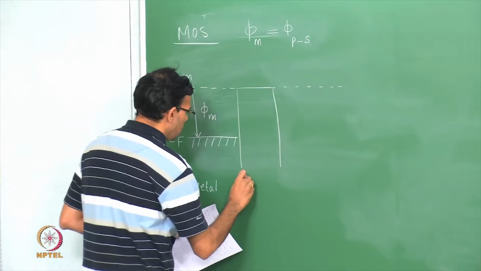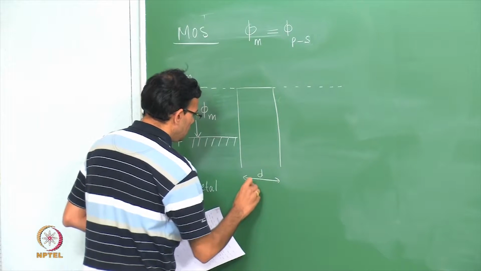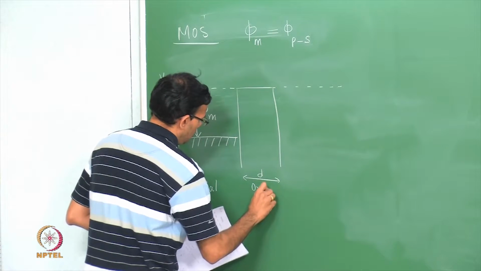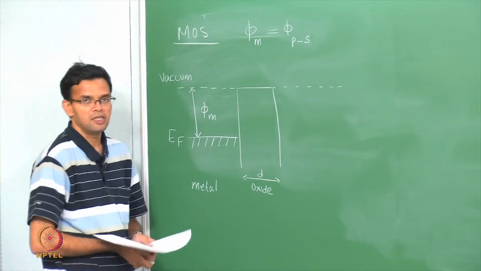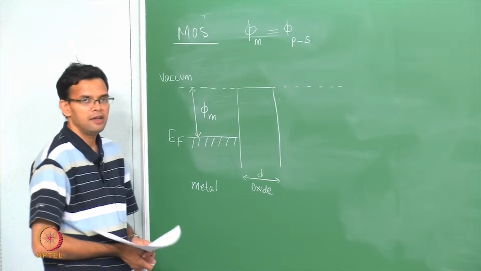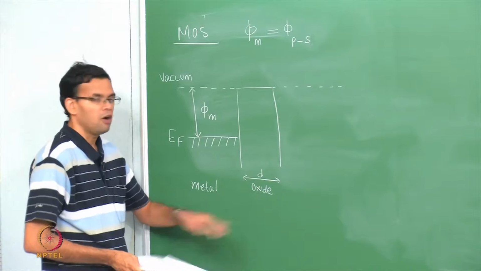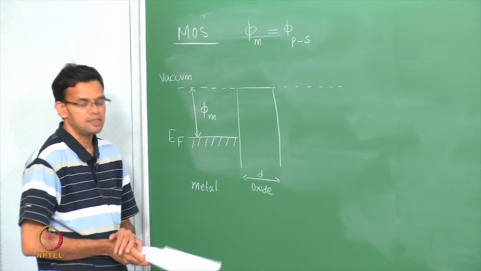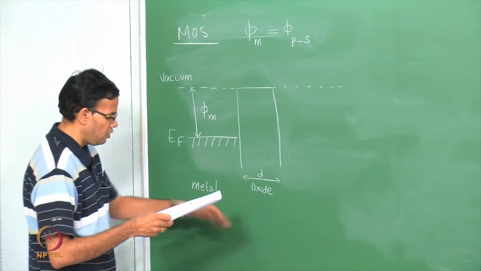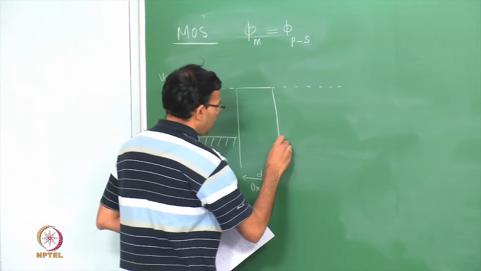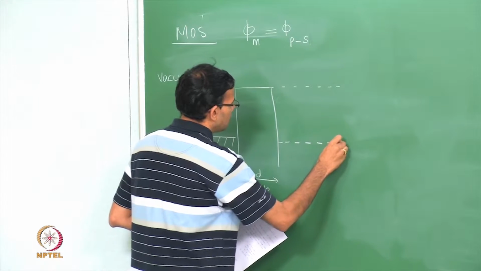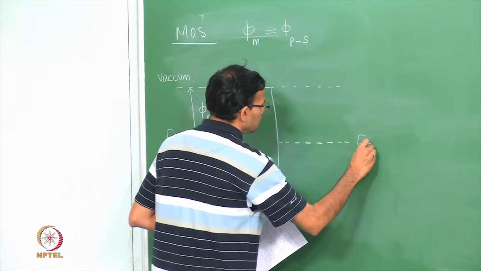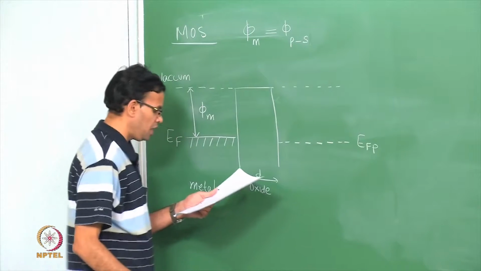I then have an oxide layer of some thickness d. Towards the end we will see what role this oxide, or more generally an insulator, plays. So we have an oxide layer and then I have a p type semiconductor, EFP.